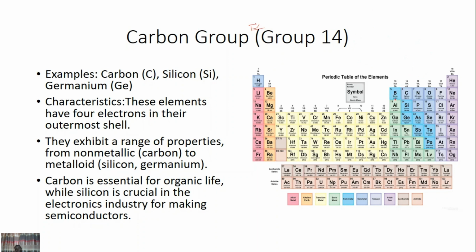Take note of that. They exhibit a range of properties. Carbon is a non-metal, while silicon and germanium are metalloids.